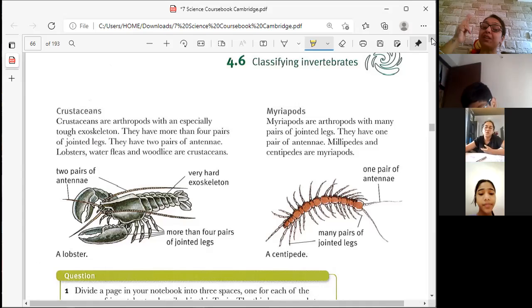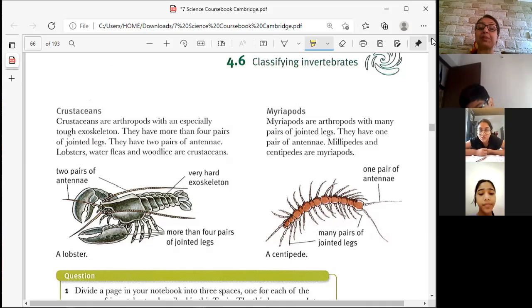Arthropods can be further divided. The first category of arthropods that we did was insects. Then second was arachnids. And the third one is crustaceans. And the fourth one that we are learning about is myriapods.